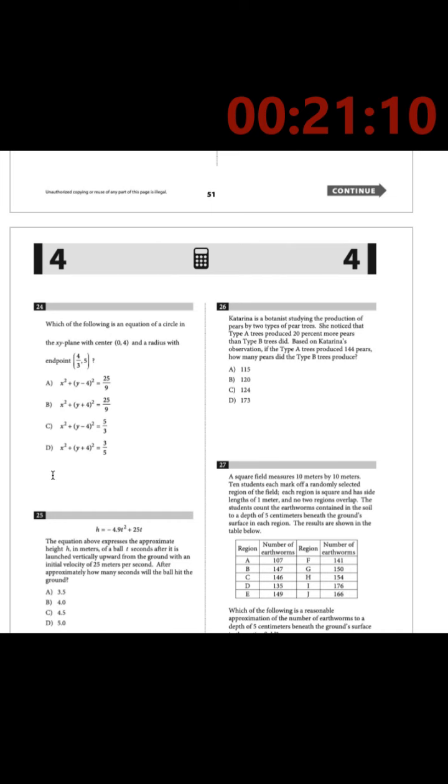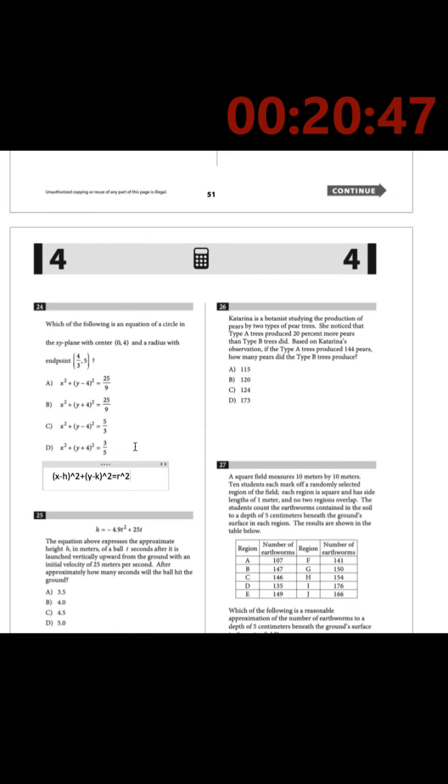For the equation of a circle, you could write it as (x minus h) to the power of 2 plus (y minus k) to the power of 2 equals r squared, where h and k are the coordinates of the center of the circle.